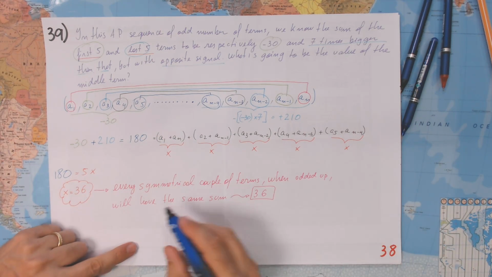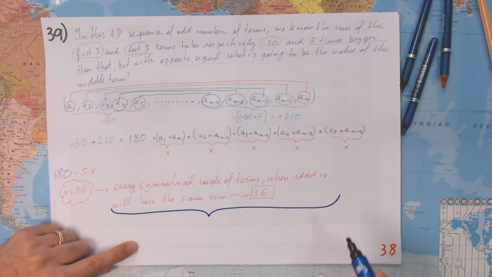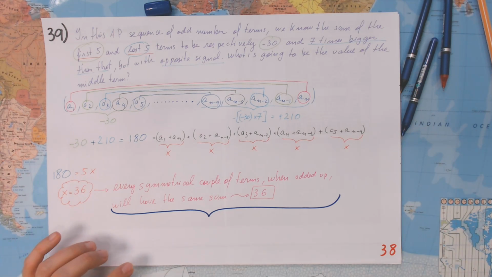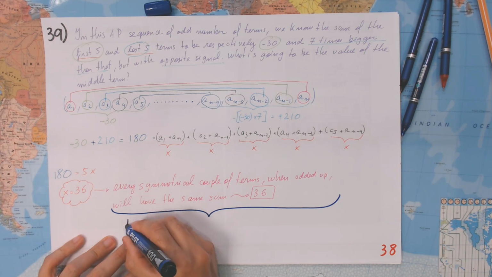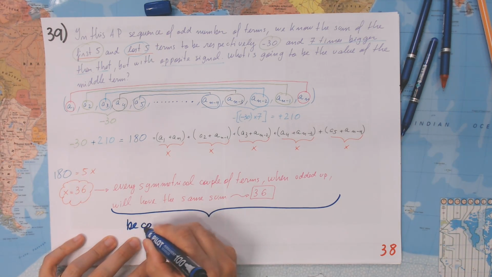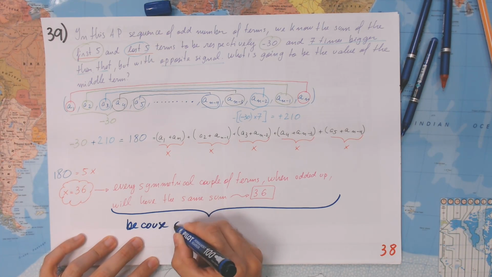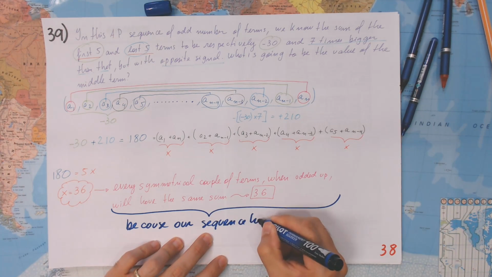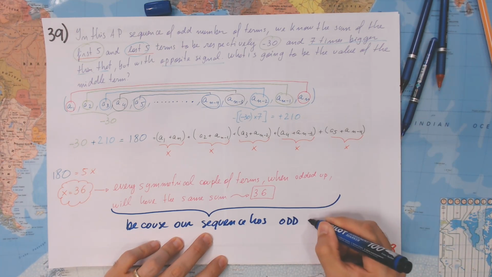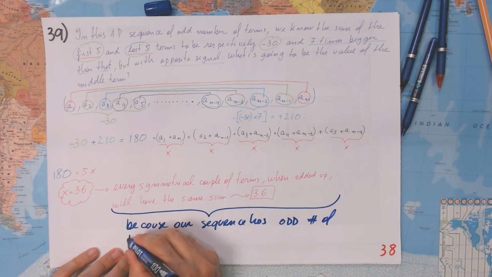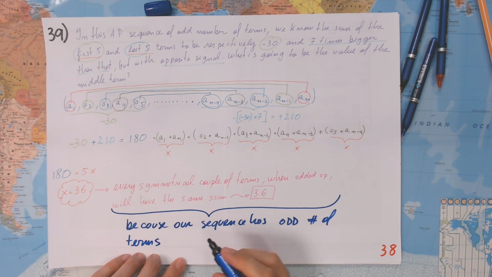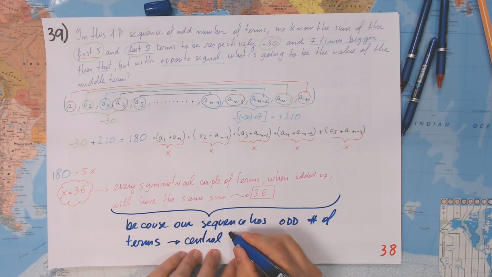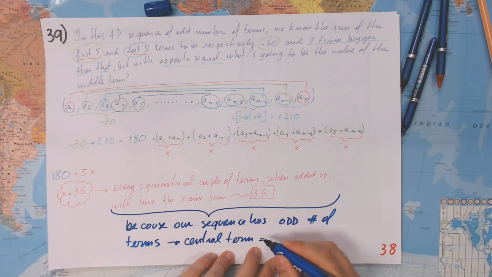If we just take this into account, because our sequence has an odd number of terms, we know that the central term will be just what?